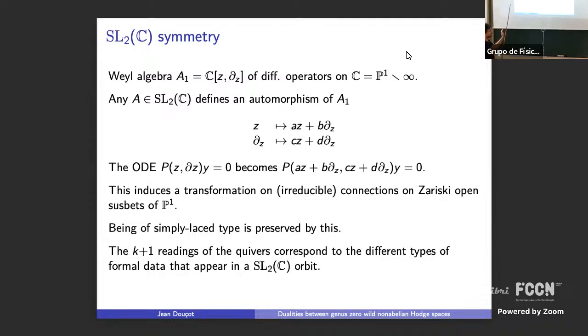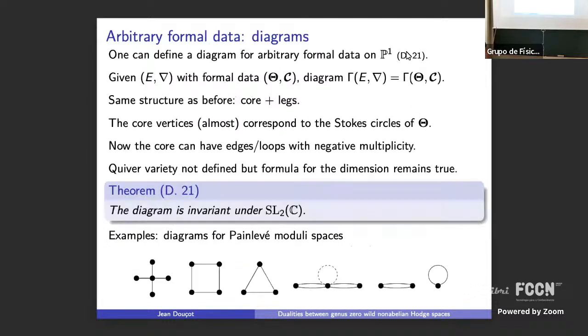So Fourier duality corresponds to this particular case, but there is this larger symmetry, and it induces those k+1 readings of the diagram that Boalch had. Now in the rest of my talk, I want to extend the story to arbitrary formal data.